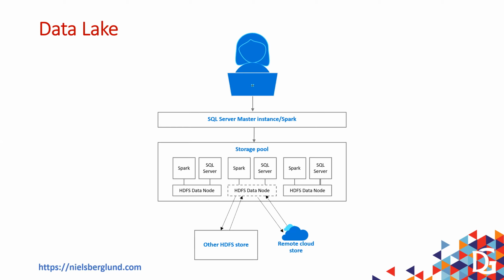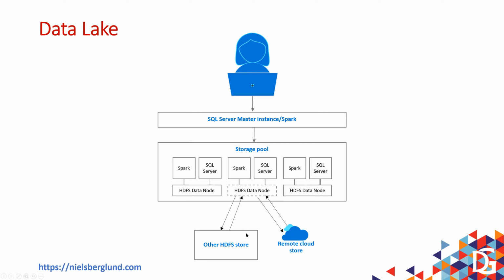In addition to having the Hadoop data nodes here, right? We can also do something called HDFS tiering, where we are mounting an external HDFS store into the storage pool.